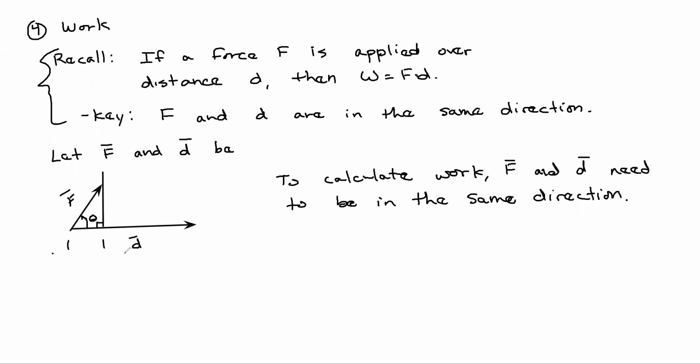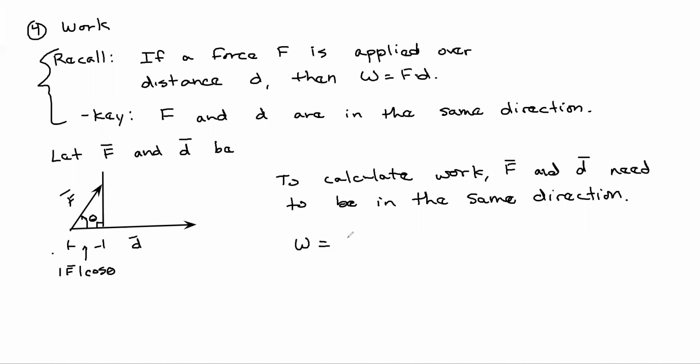So that is going to be the length of F cosine theta is going to be this distance here. All right, so by going through and finding this, we'd be taking F and aligning it with D. So now we're finding the part of F that points in the same direction as D. Okay, so if we do that, this is now going to be aligning with D, and we could calculate our work using those quantities.